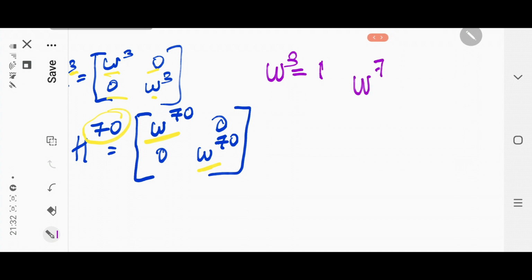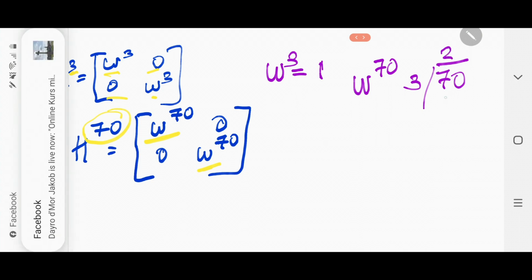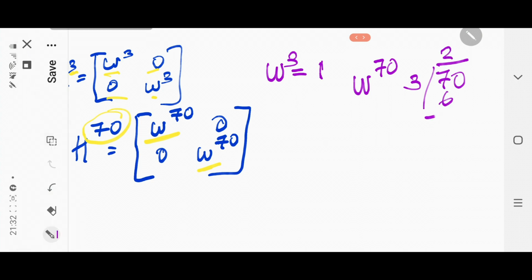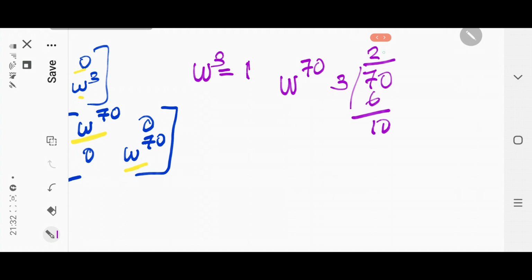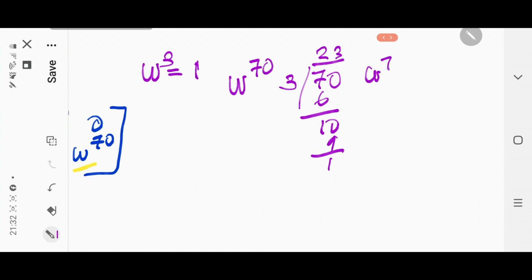And I told you how to find higher powers of omega. You have to find omega raised to 70. What is the step to do that? You just divide 70 by 3. If 70 is divided by 3, 3 twos are 6, 3 twos are 6, and 3 threes are 9, the remainder is 1. Therefore, omega raised to 70 corresponds to omega raised to the remainder, omega raised to 1.